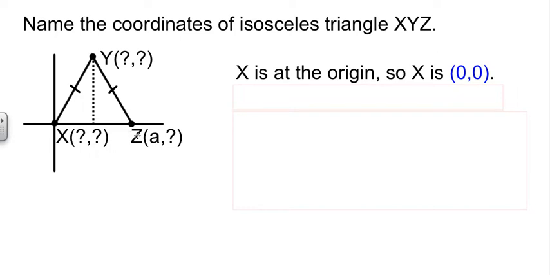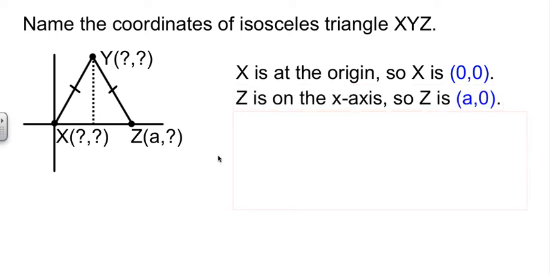Now let's consider Z. Z is on the x-axis. So what would the coordinates of Z be? The coordinates of Z would involve some value A that they gave us, and then its y-coordinate is 0 because it's on the axis. Okay.